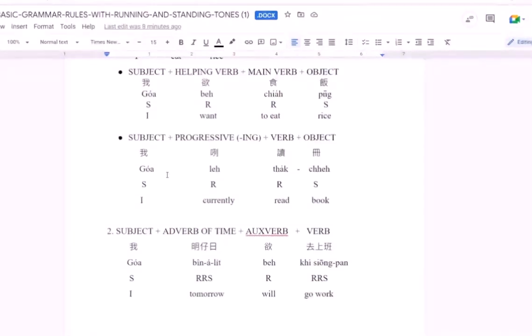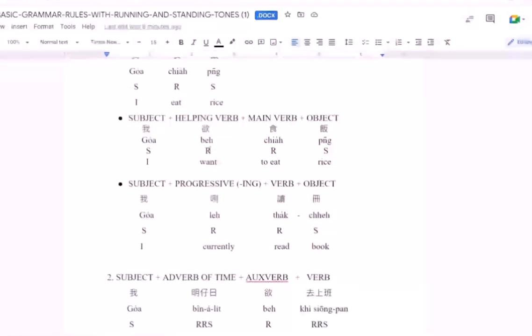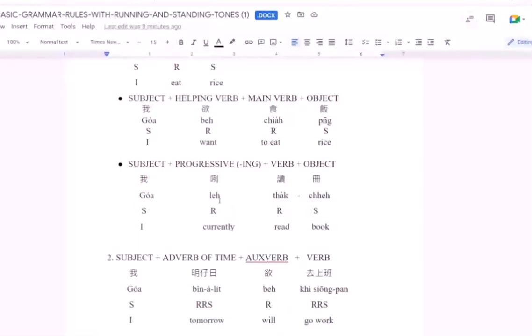Next we have gua le tak che. It's just the same as a helping verb.